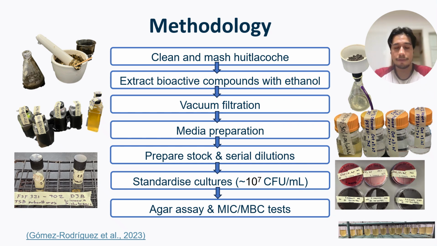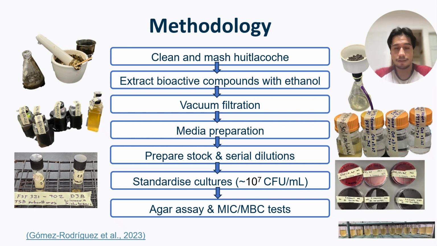Then, after having our stock of the extract, we created our serial dilutions: 3%, 1.5%, and 0.5%. These concentrations were chosen based on the mannosylerythritol lipid efficacy against other pathogens like Bacillus subtilis.